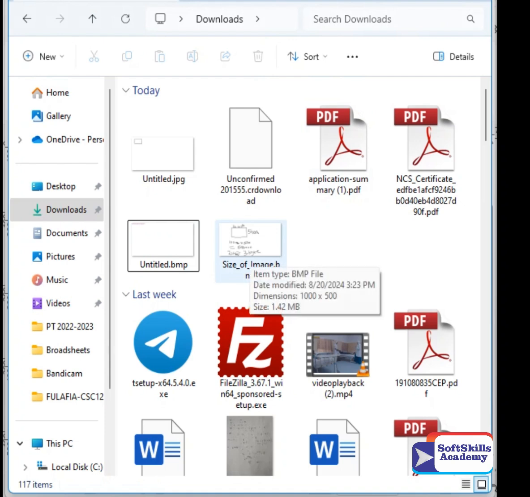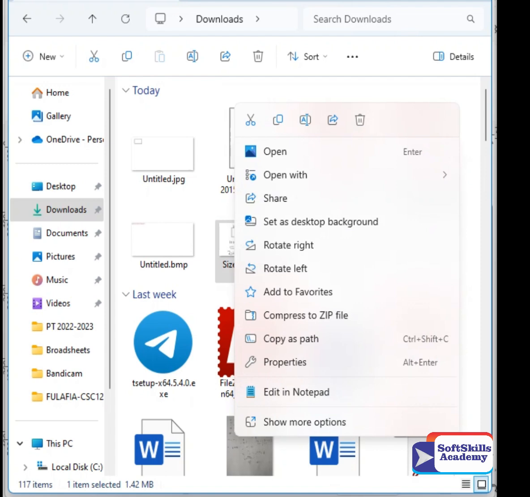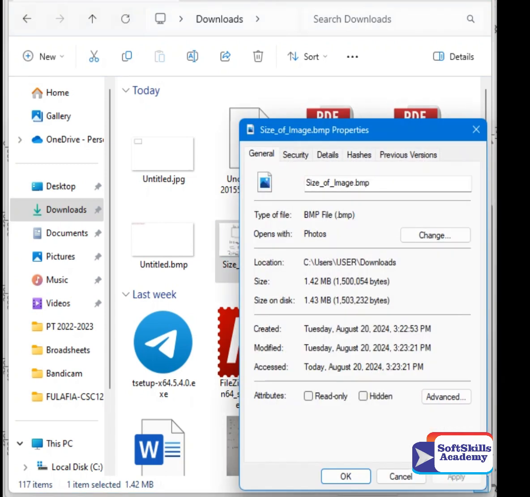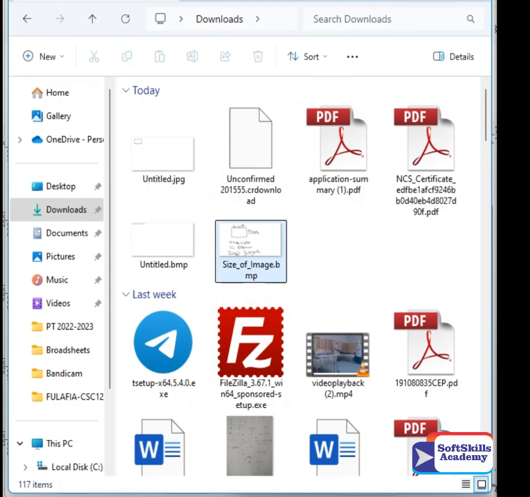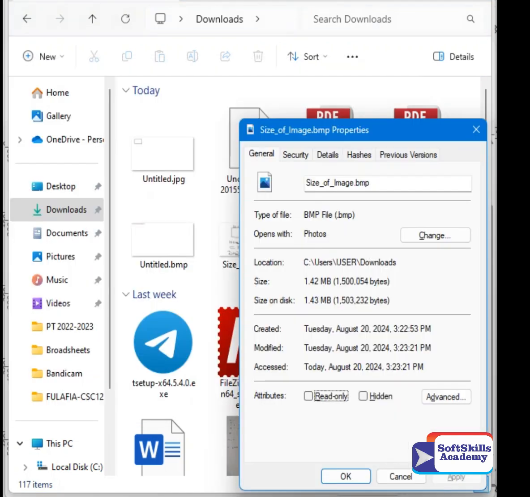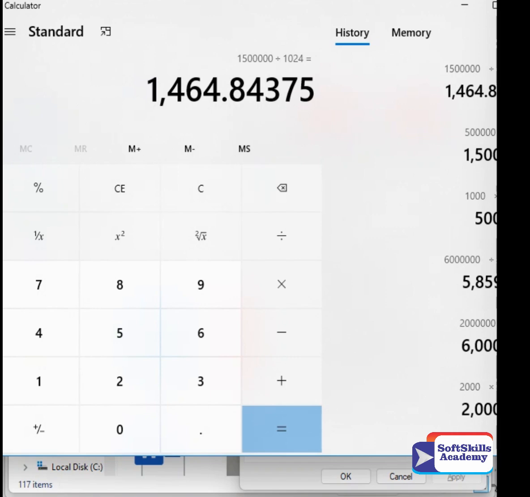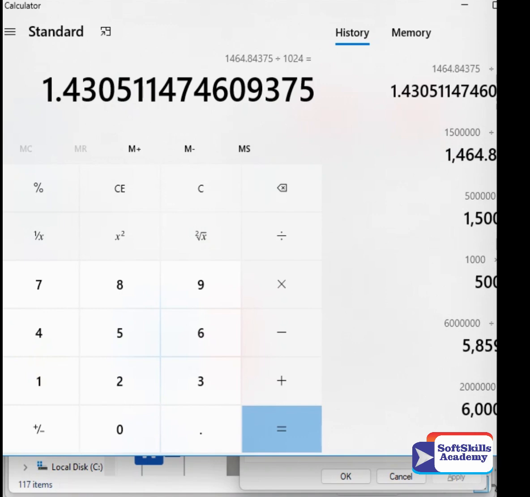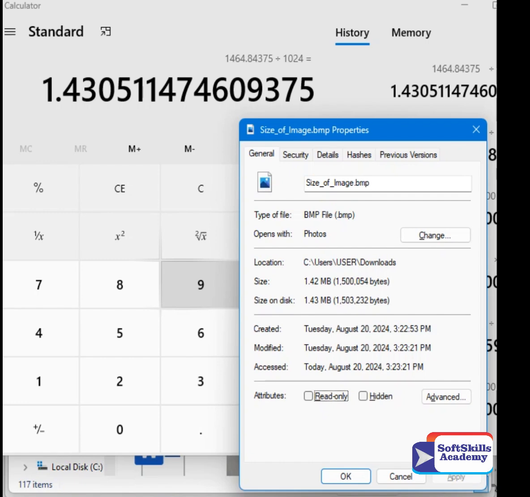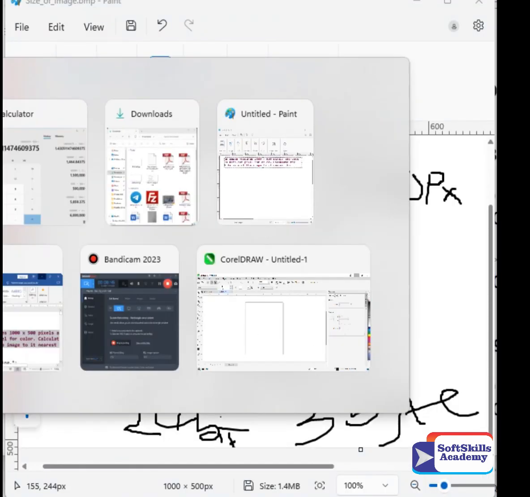Before right clicking and selecting properties, once we point on this very image, we can see it has 1.43 megabytes. If they ask you to further calculate your image in megabytes, you are still going to divide by 1024, and you have 1.43 in form of megabytes.